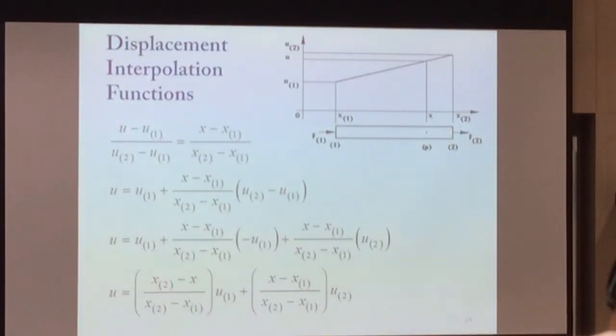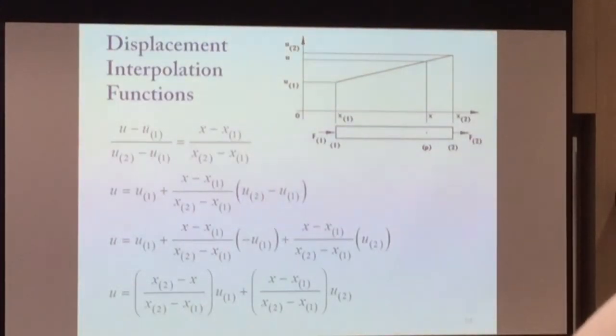So we have a form wherein u is equal to your shape function multiplied by u1 plus your shape function 2 multiplied by u2.